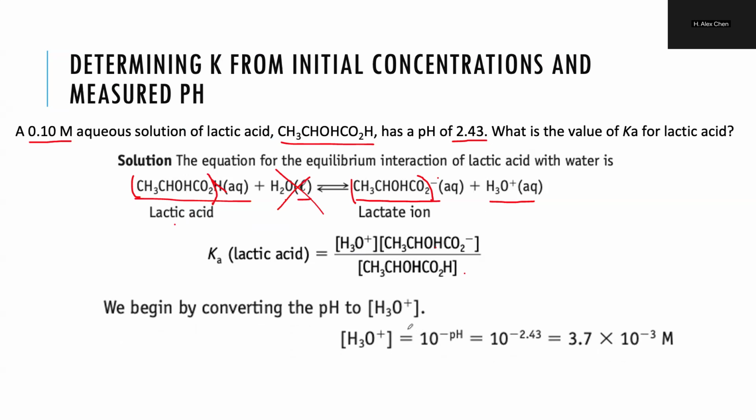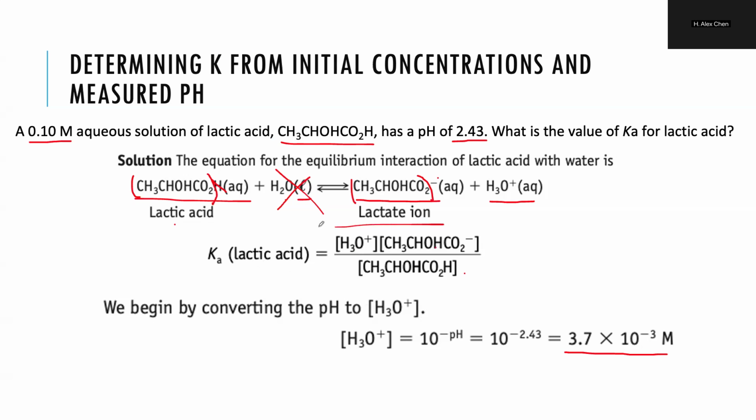Using your skill from the last lesson, you can find the concentration of H3O plus to be 3.7 times 10 to the negative third power.